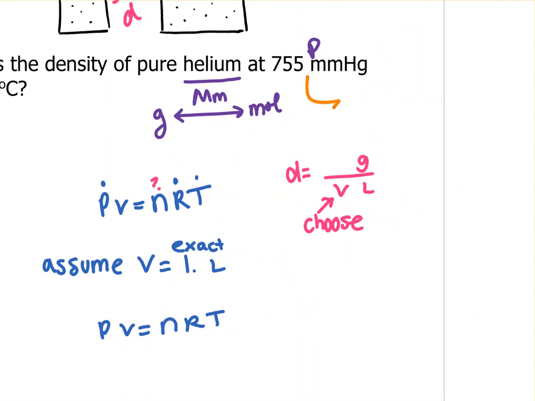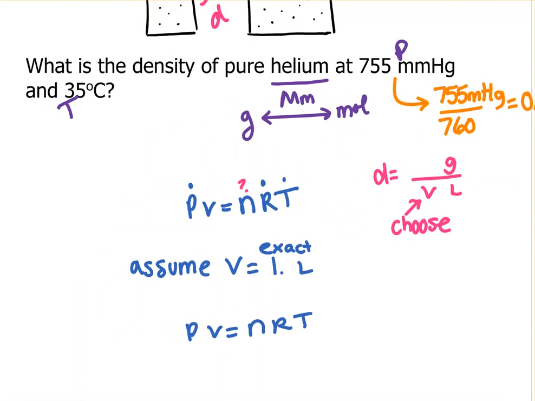So to get this to atmospheres, I'm going to take my millimeters of mercury and divide by 760. And I'm going to carry some extra digits here. This really only has 3 sig figs, but I don't want to round off here and round off at the end also.